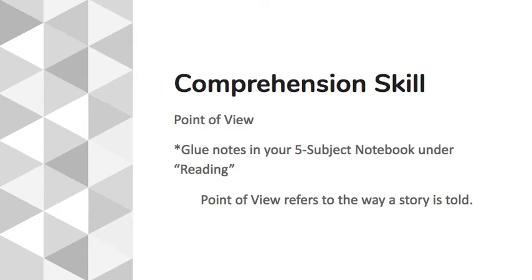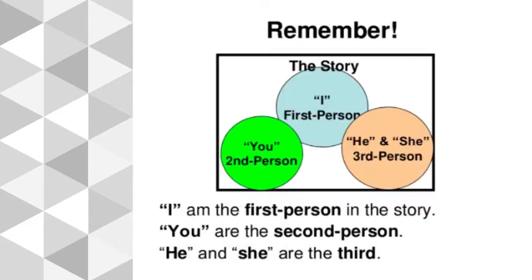So our comprehension skill for this week is point of view. This is where you're going to get some notes. You'll see them over there. They have little Venn diagrams on them, 3 circles. You're going to glue these into your reading section of your 5-subject notebook. So our skill this week is point of view. And point of view refers to the way a story is told.